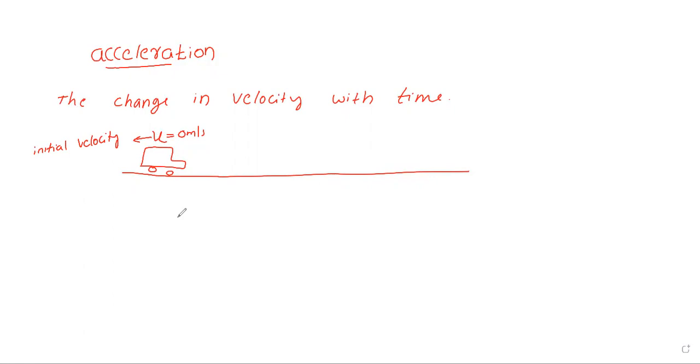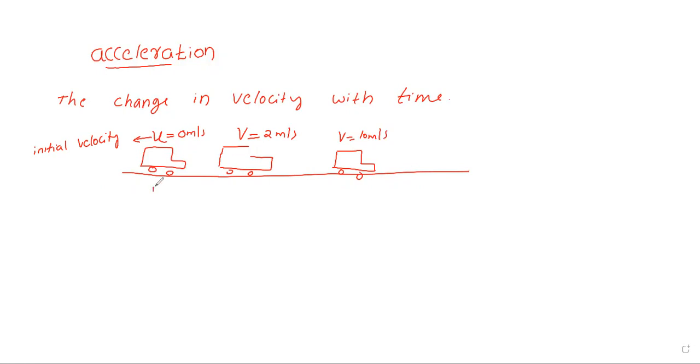Clear? After some time, the vehicle's velocity will be like this. That means its speed increases. Now the velocity, suppose v equal to 2 meter per second. In the next moment, suppose v is equal to 10 meter per second.